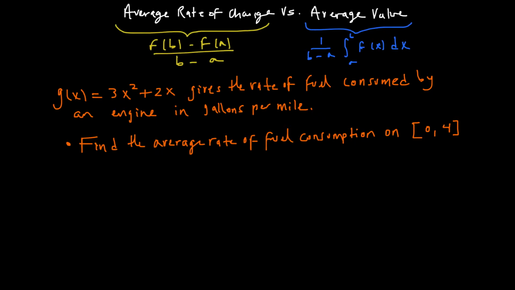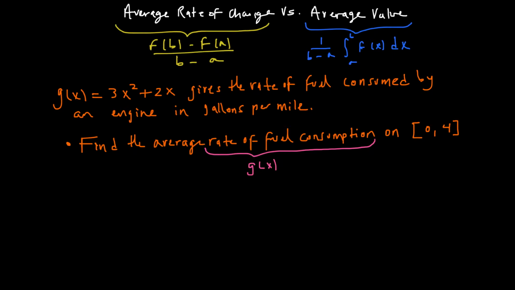They said this gives the rate of fuel consumed by the engine. So basically then, when they say average rate of fuel consumption, that expression, all of it can be replaced by g of x, because g of x represents the rate of fuel consumption. And so then in essence they're saying find the average of g of x.